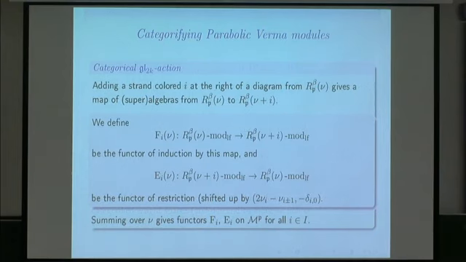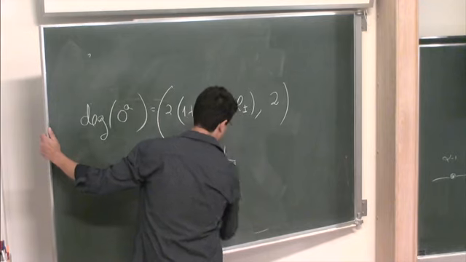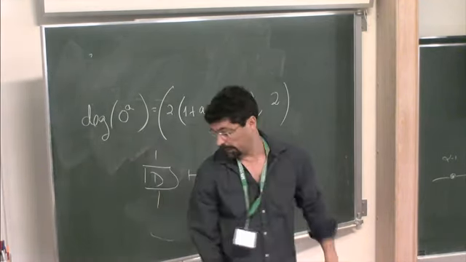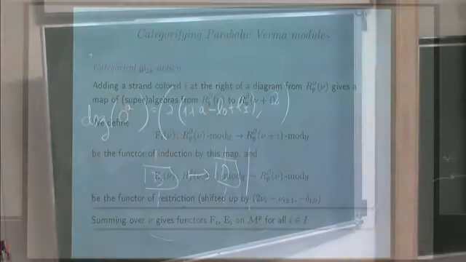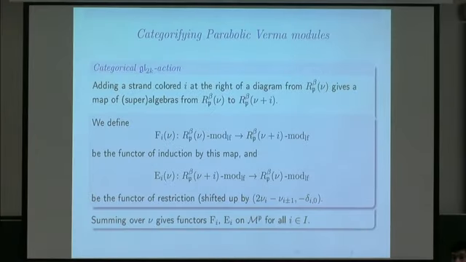As usual, if you have a diagram, you can add a strand labeled i at its right, and this will define induction and restriction functors between the categories of modules. Let's call one F and the other one E, and throw in some shifts. So this is the usual recipe.